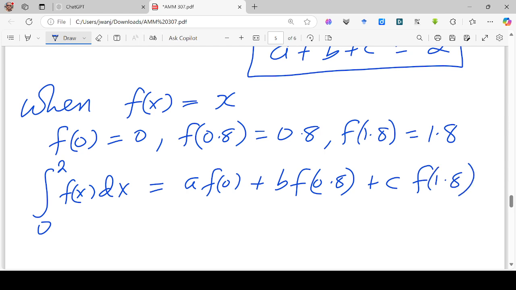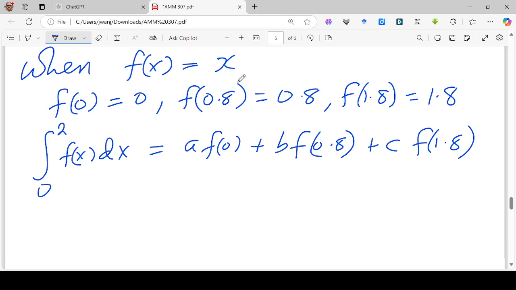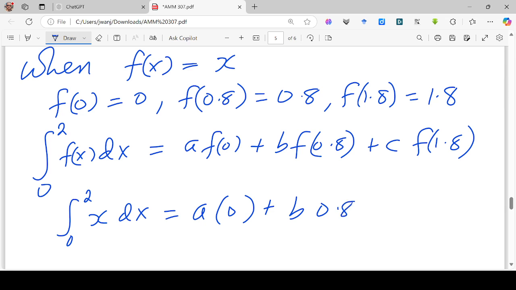So on the left hand side, we have the integral from 0 to 2 of x dx equals a times 0 plus b times 0.8 plus c times 1.8.